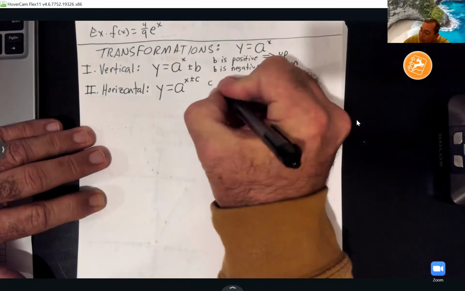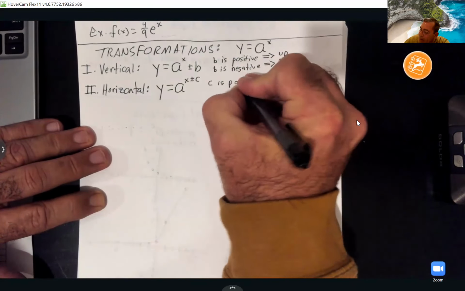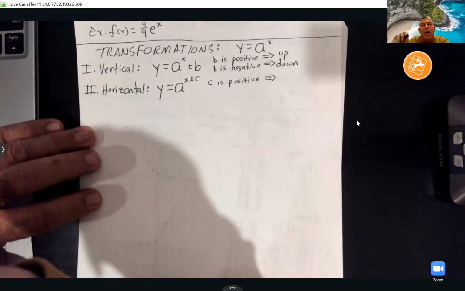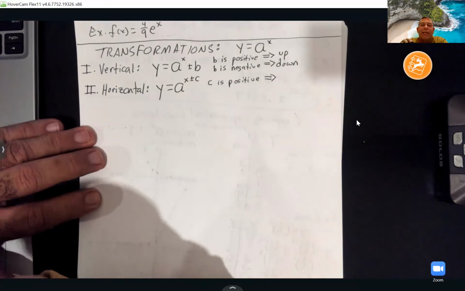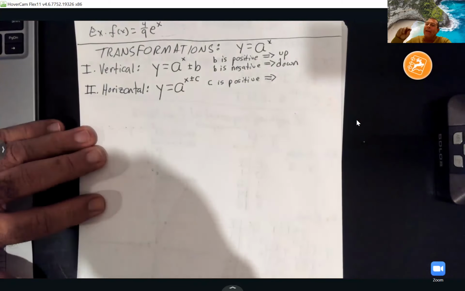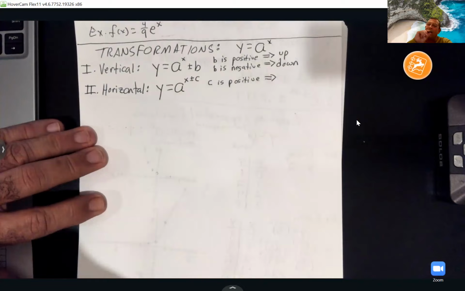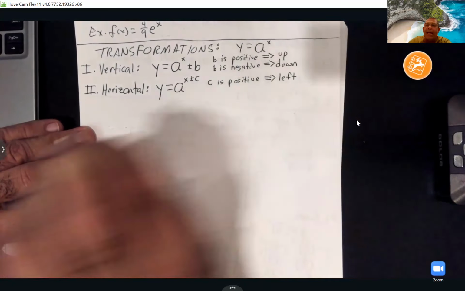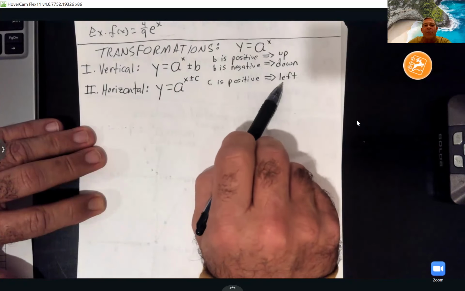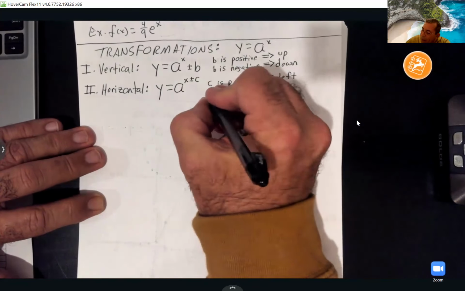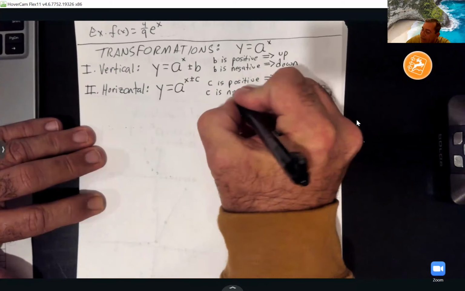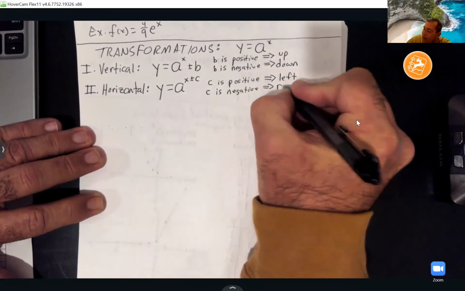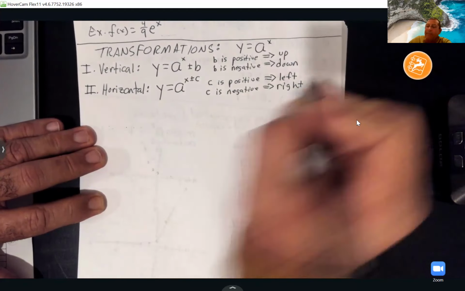So if c is positive, well, when y'all was attacking the x and adding to it, it moved that graph to the left. So adding to the x is still going to move you left. And if that c is negative, it's going to move my graph to the right.